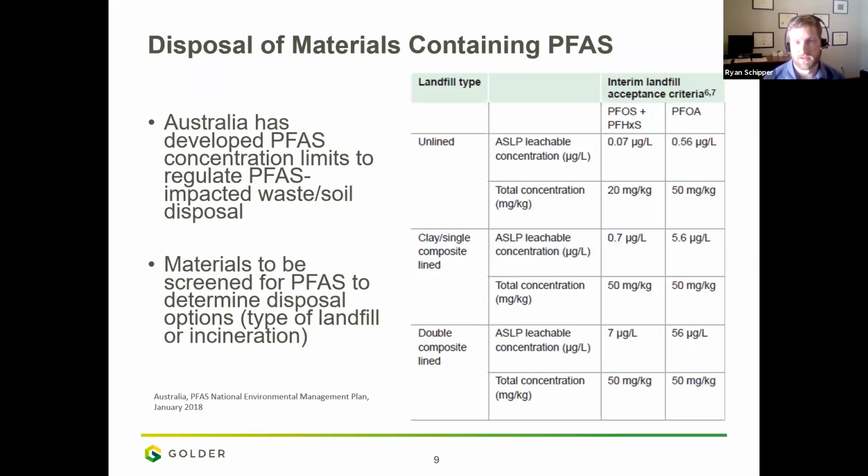The waste concentrations must be less than both the total relevant and leachable concentrations from the Australian standard leaching procedure. That's conducted at both a pH of 5 and with unbuffered reagent water, which is really there to approximate the worst case for leaching.